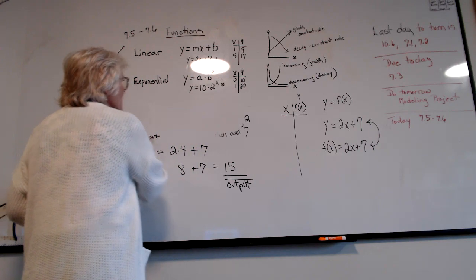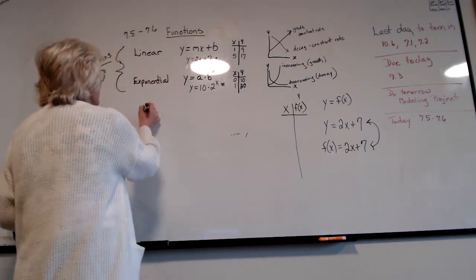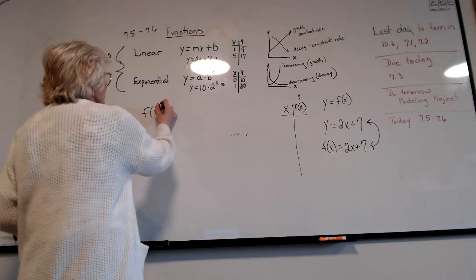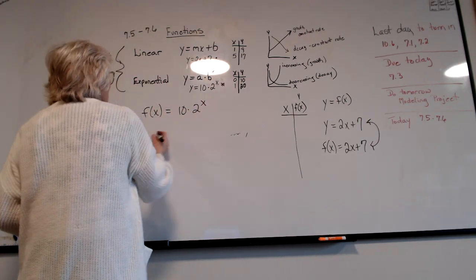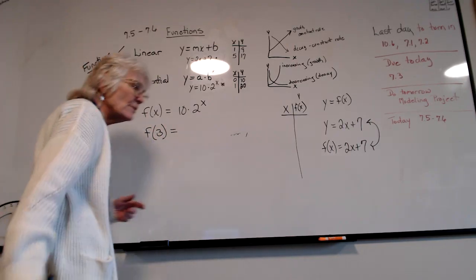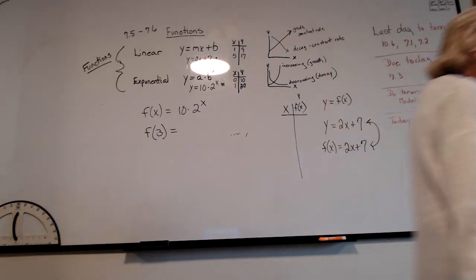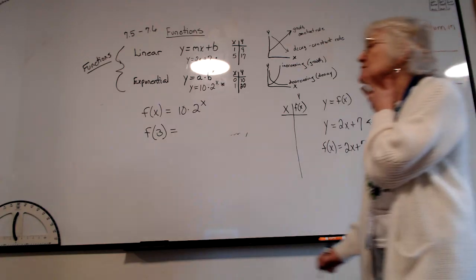If I give you a problem like this, and I say f of x equals 10 times 2 to the x, and I say find f of 3, what would you do to get that answer? Yes, 10 times 2 to the power of 3.